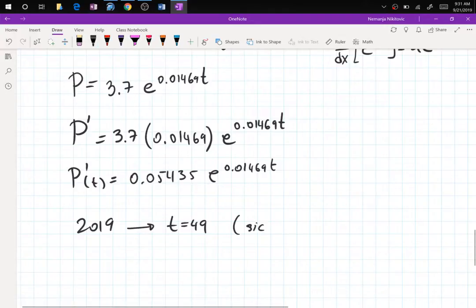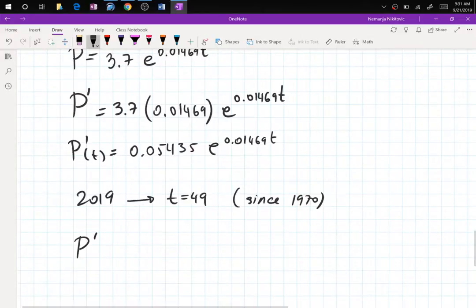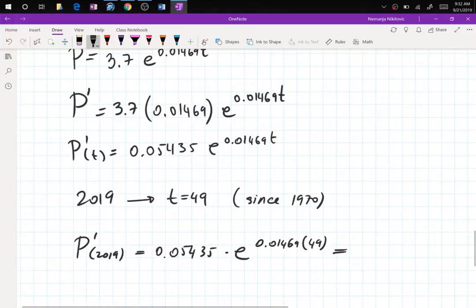And you will now calculate P prime of 2019, even though we're plugging in 49: 0.05435 times e to the 0.01469 times 49.